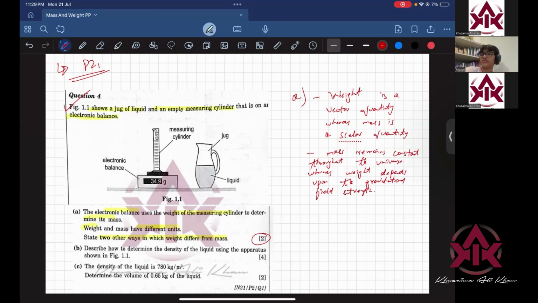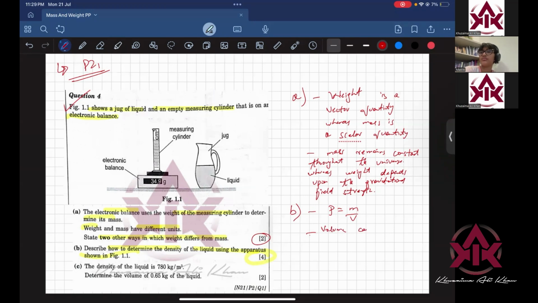Okay, so let's see what question B is saying. Part B: Describe how to determine the density of the liquid using the apparatus shown in figure 1.1. It is just the entire experiment which we did, right? In the end of the lecture, I told you that everything comes in your exam. It is a 4 mark question, so you have to write a complete 4 points here. First of all, you will say that the density is basically mass upon volume. So you can find the volume.